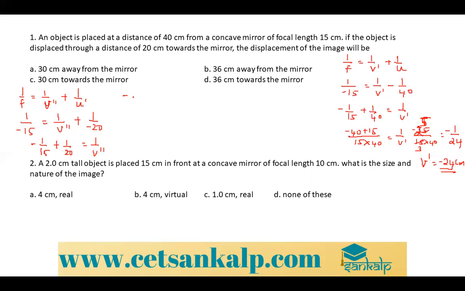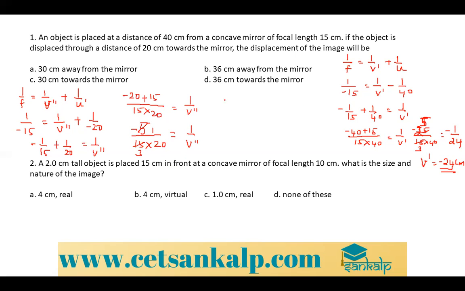So minus 20 plus 15 divided by 15 into 20 is equal to 1 by v double dash. So it is minus 5. So minus 5 divided by 15 into 20. 1s are, 3s are. So we can say it's nothing but 1 by v double dash.